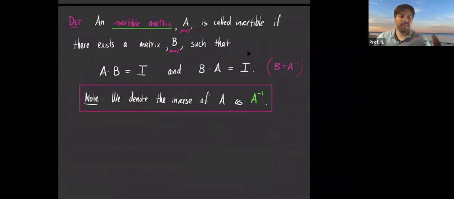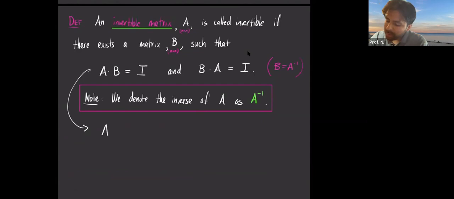For those matrices that have inverses, which means that you multiply them and you get the identity, they're called invertible. For those that don't have an inverse, they're called non-invertible or singular matrices. Another way to write this, a little bit clearer, would be A times A inverse equals A inverse times A, which equals the identity.